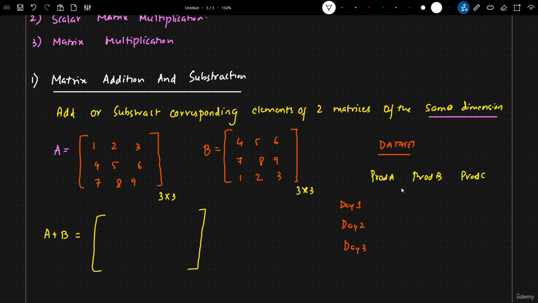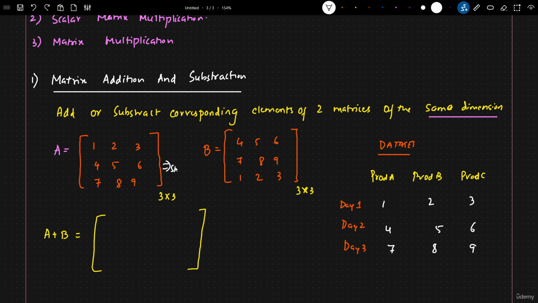So if I write this information, it is just 1, 2, 3, 4, 5, 6, 7, 8, 9. So we have taken this data set and converted it into a matrix, right? Product A on day 1, one product was sold. What about product B? Here you can see 2 products were sold. Then 3 products were sold with respect to product C. Now this can be the data for store A.